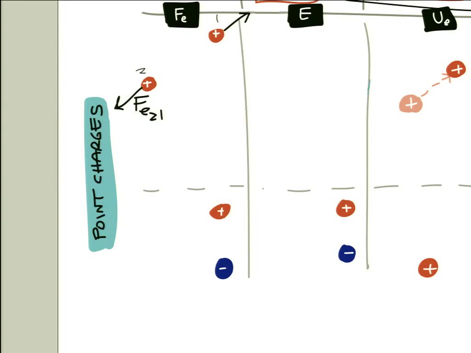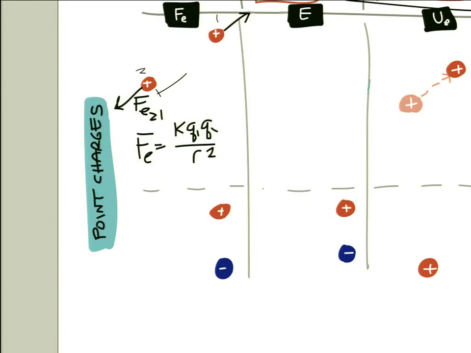The direction is determined by whether the charges are like or unlike, and the magnitude of the force is calculated by our equation for electric force for point charges, which is K, Q1, Q2, divided by R squared, where R is the distance between the centers of our two particles.